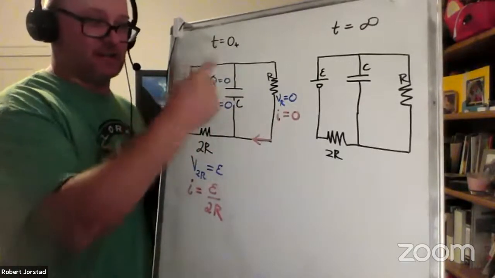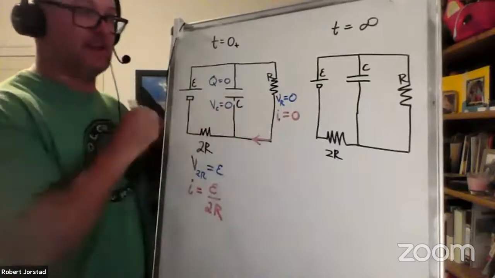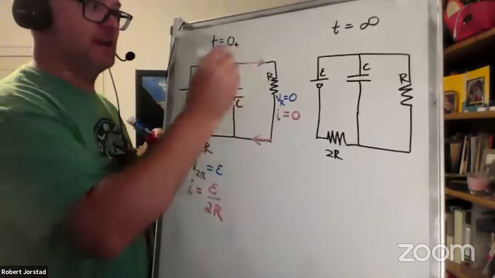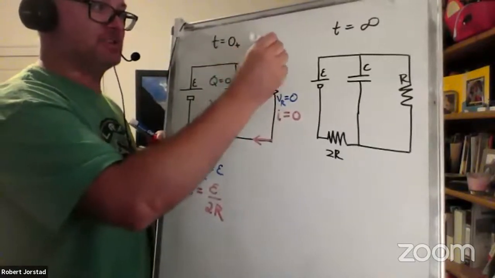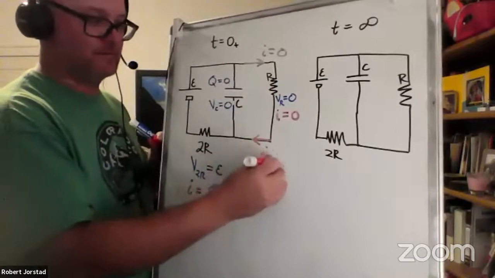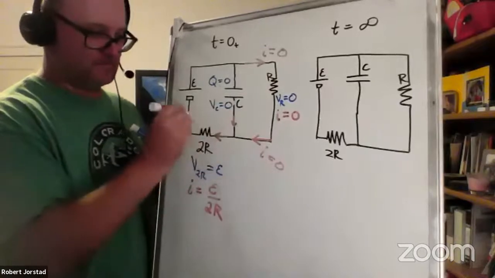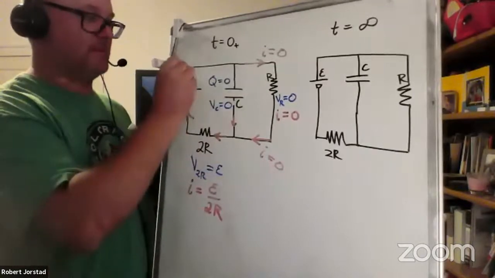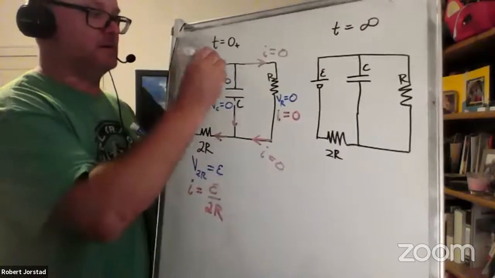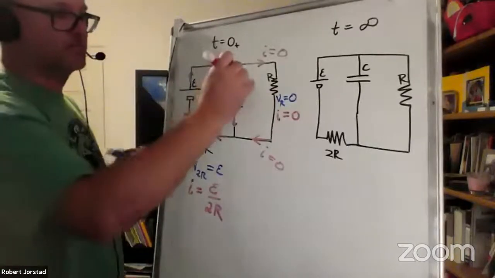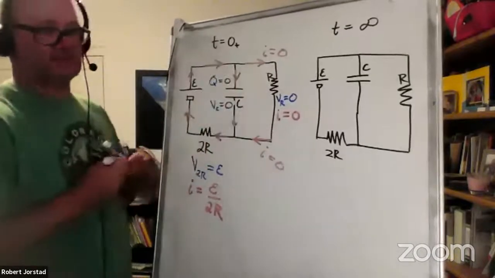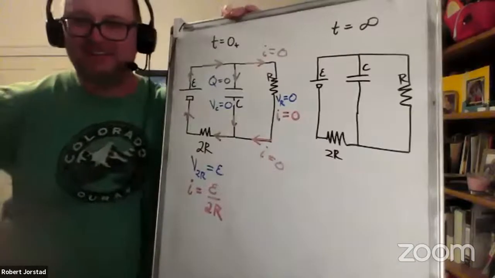Because all of it has to go somewhere. None of it goes this way. So if no current goes this way, by the junction rule, all of it's going here. That's a terrible arrow, but there we go. So that's the current that's charging this thing.